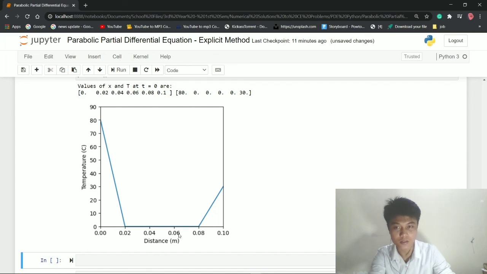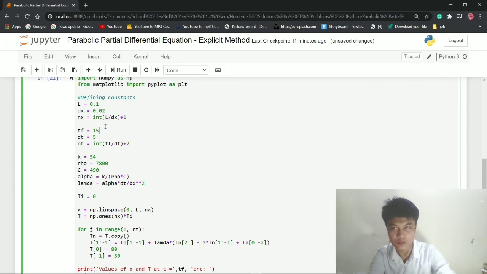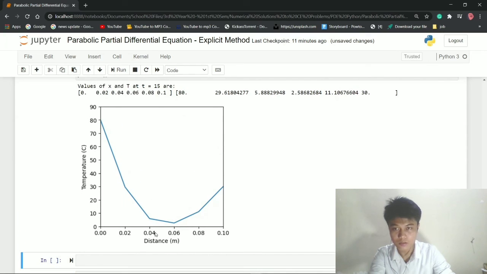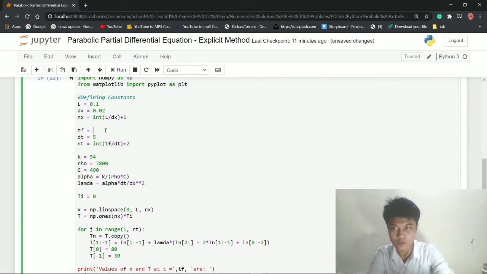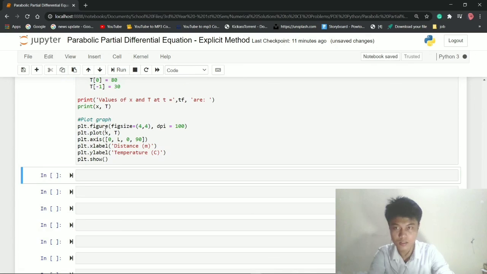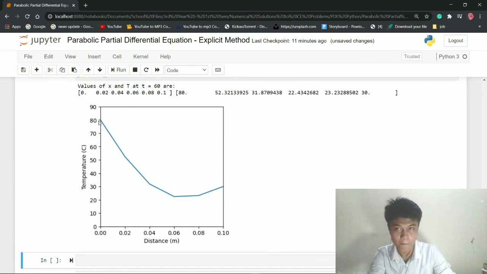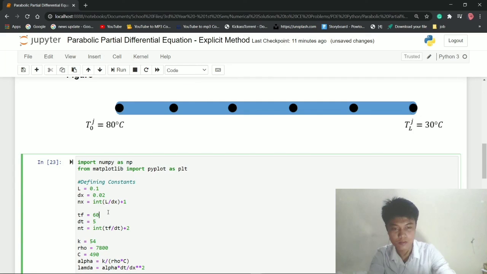Samantalang hindi pa nagbago yung ating inner nodes. So, at time is equals to 15, umiinit na yung inner nodes, di ba? Tumataas na ito. So, try natin at 1 minute, that is 60 seconds. Tumataas na yung temperature, di ba? And then, try natin 1 hour.